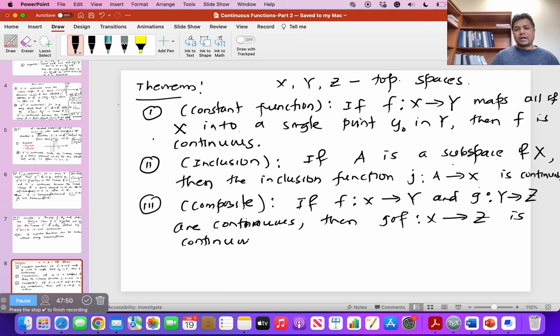So that's the third type of continuous function. If you take the composition of two continuous functions, then you can construct a new continuous function.